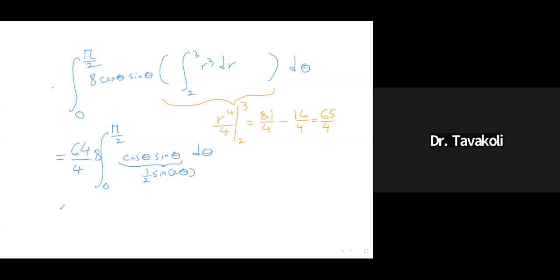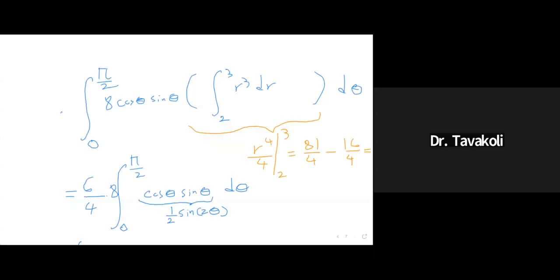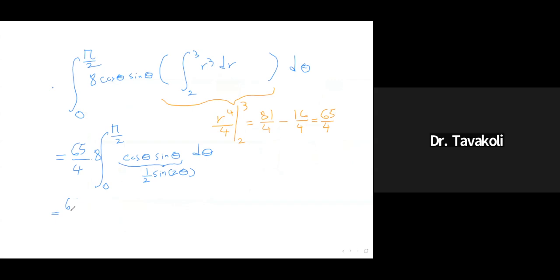So far I have 60 here. I should make a correction. This was 65 over 4, sorry. So I have 65 over 4 times 8, times 1/2, which also can come out, and the integral from 0 to pi over 2 of sine of 2 theta d theta.